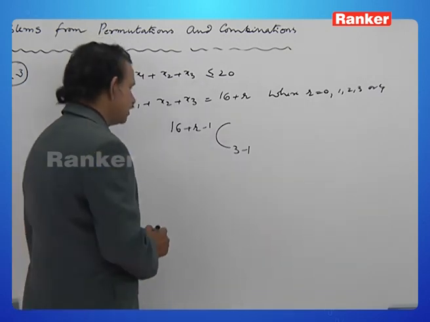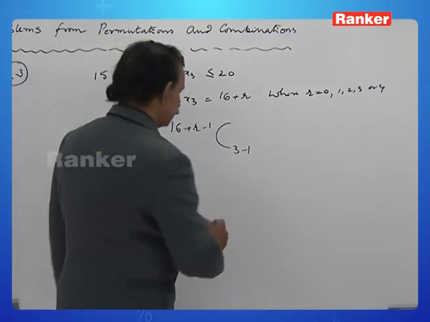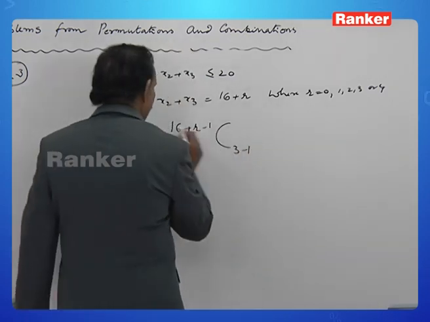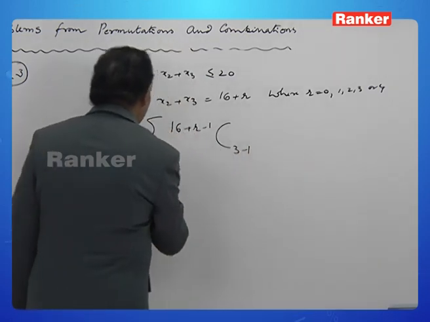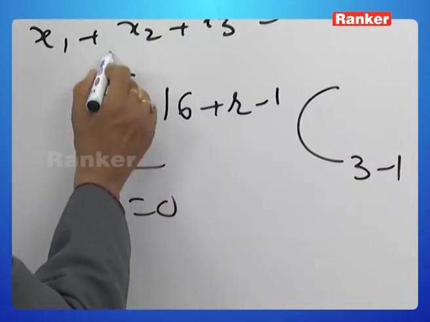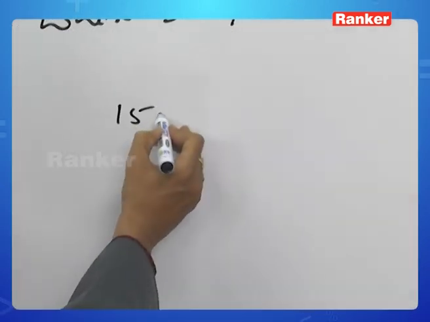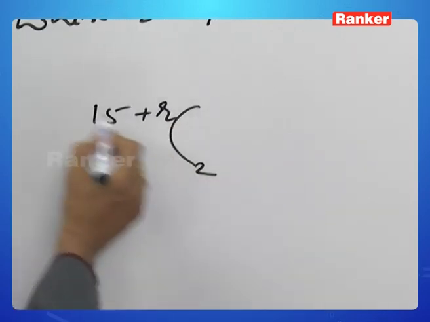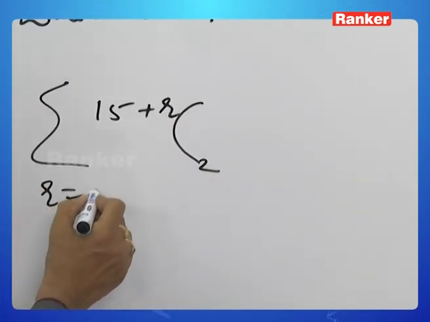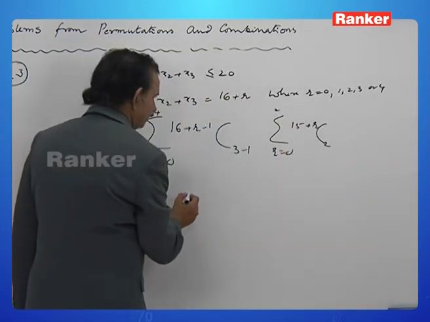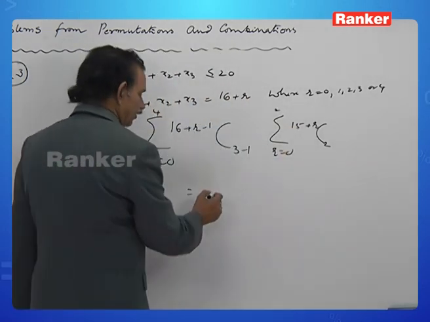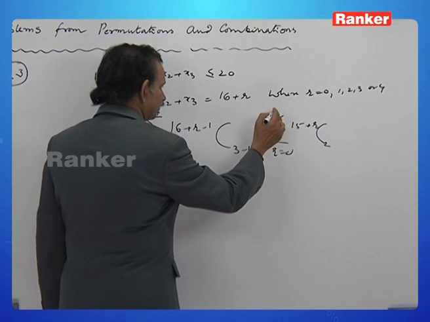So it is (16+r-1)C(3-1). This is equal to the sum over r = 0 to 4 of (15+r)C2, since 16 minus 1 is 15.